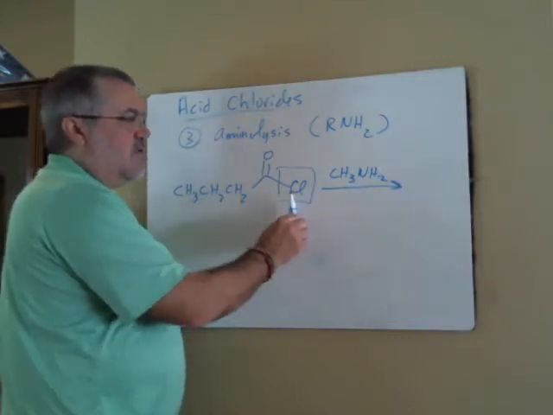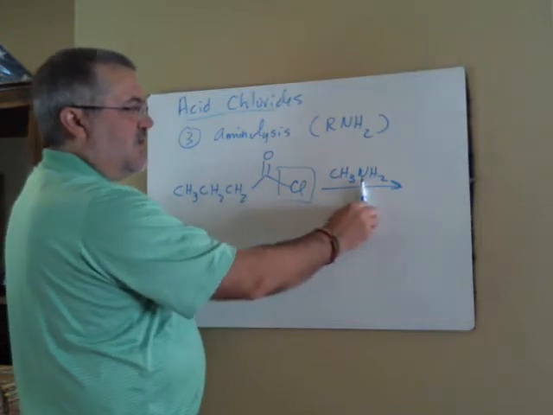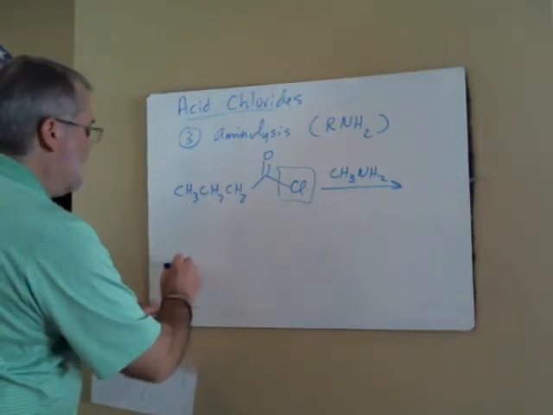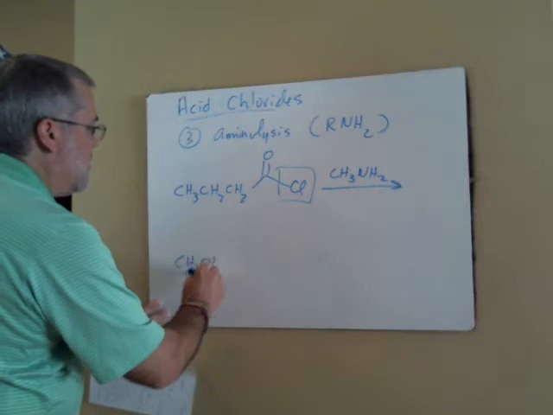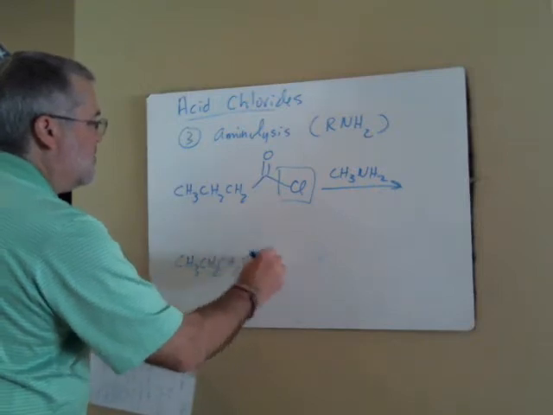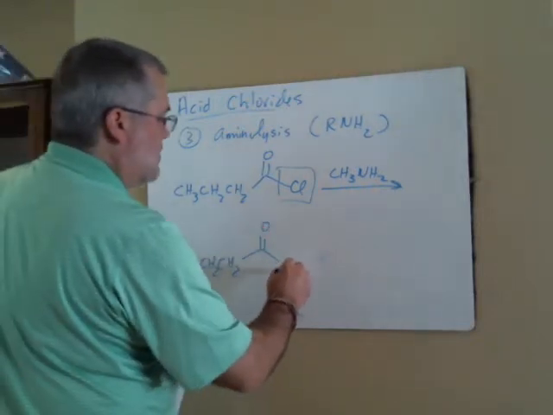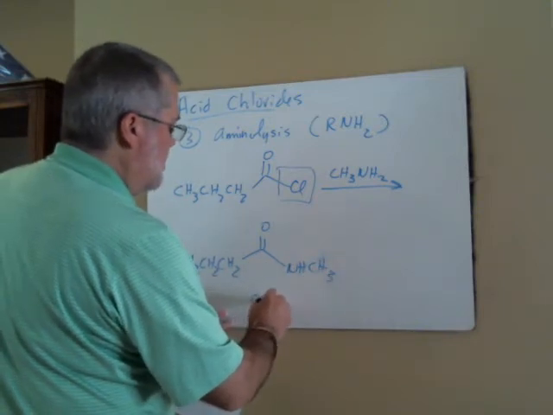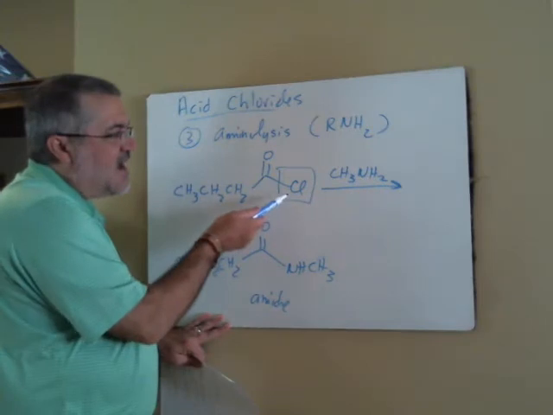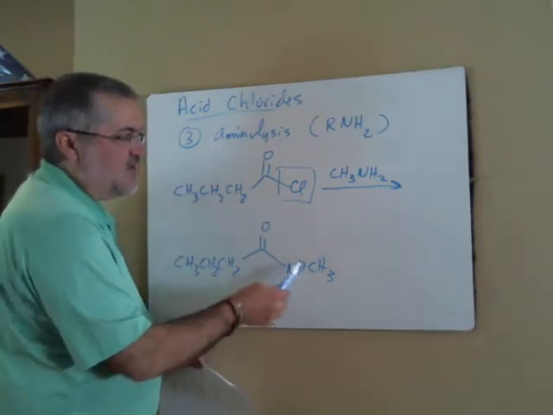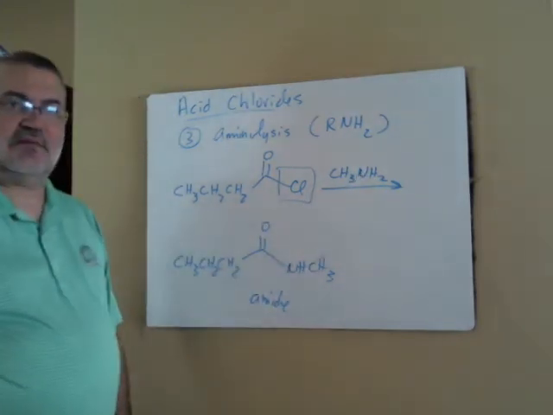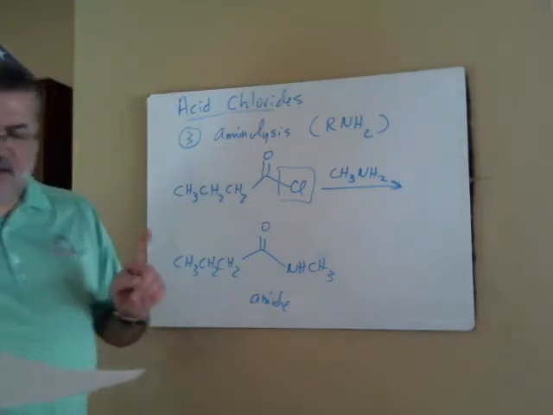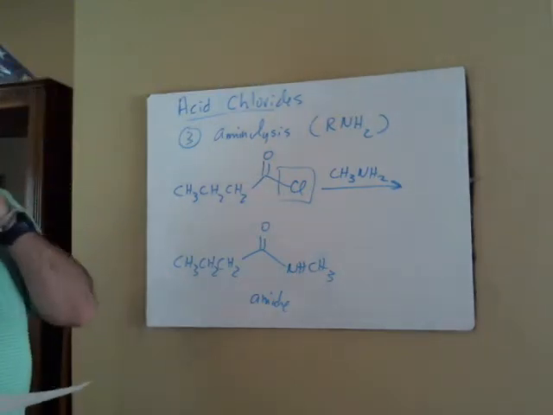Okay. So chloride is the leaving group. This is the nucleophile. Therefore, I know the transformation is going to be simply the formation of the amide, because what's in the box got replaced with the nucleophile. Okay? Now mechanistically, this one's a little bit more interesting.